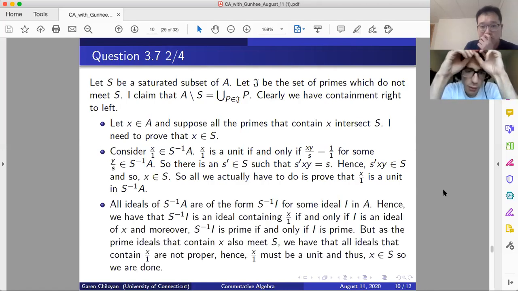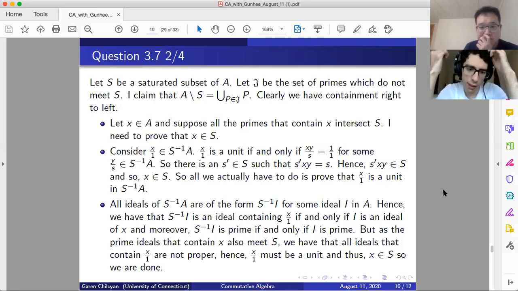So let's prove that this element x over 1 generates a non-proper ideal. All ideals of S inverse A are of the form S inverse I for some ideal I in A. So S inverse I is an ideal containing x over 1 if and only if I is an ideal containing x, and also S inverse I is prime if and only if I is prime.